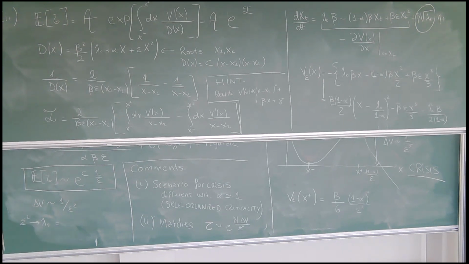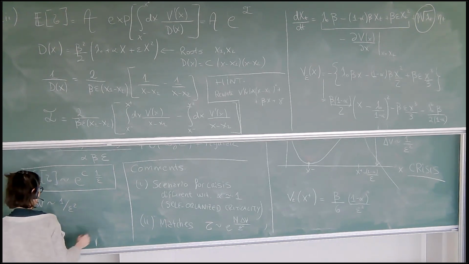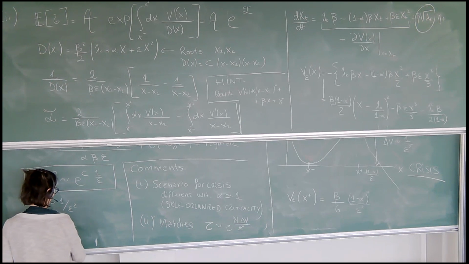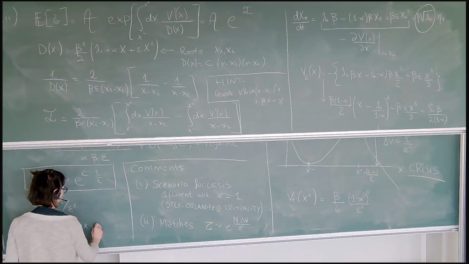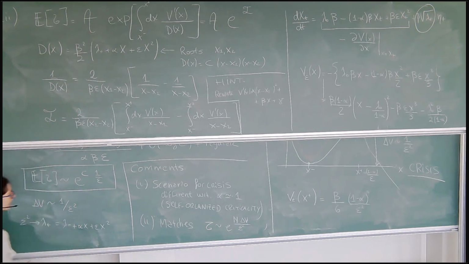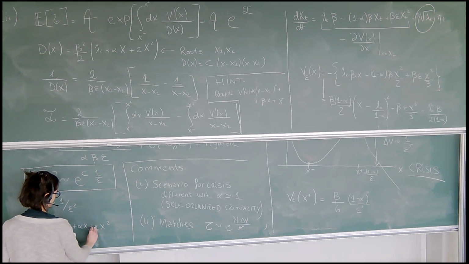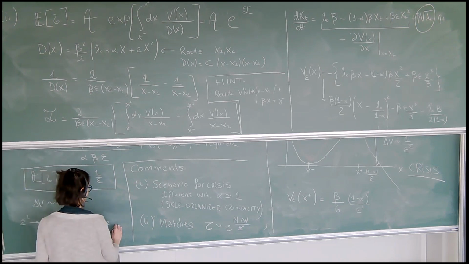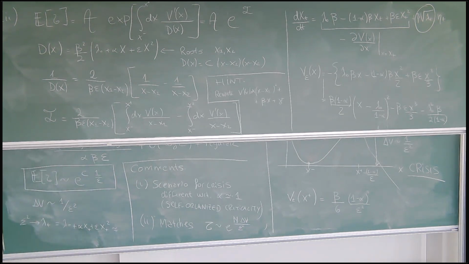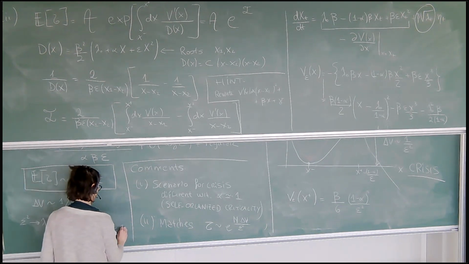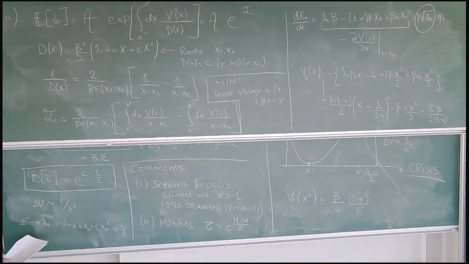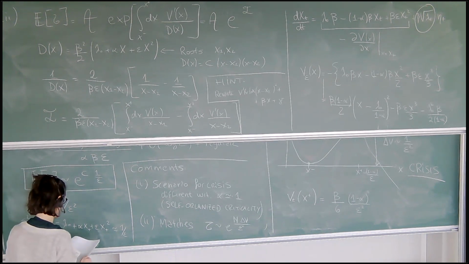In our problem it goes like lambda t, and lambda t goes like lambda 0 plus alpha x plus epsilon x squared. And what you can check is that if you compute this expression at the barrier, which was x plus, you see that this goes like 1 over epsilon, if I am not mistaken. Well, this we can check.